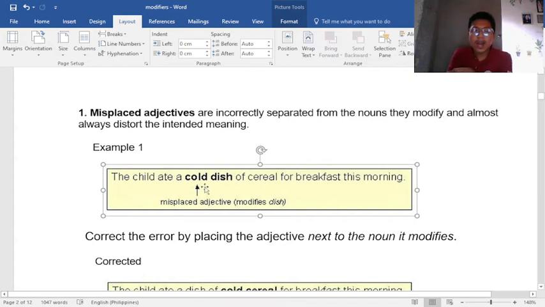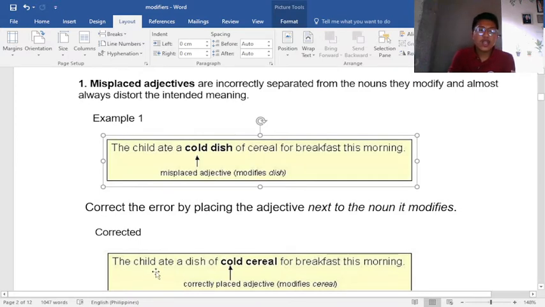Instead of writing a cold dish of cereal, we can correct the error by placing the adjective next to the noun it modifies. Okay, so we can say the child ate a dish of cold cereal for breakfast this morning. Meaning to say, the child ate a certain cereal with a cold characteristic.